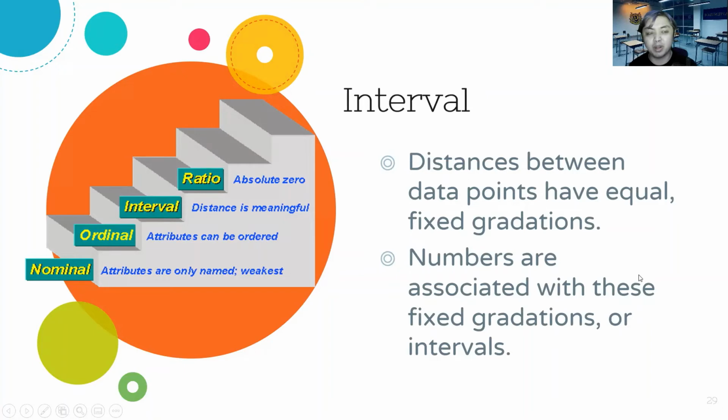So if you have a score of 1 to 10, the distance of 1 to 5, so that's 1, 2, 3, 4, 5, is 4 steps from 1, and will have the same distance from 5 to 6, 7, 8, 9. 4 steps din siya. So the data points, the gradation is equal in terms of interval. Kaya kasi tawag na interval data.